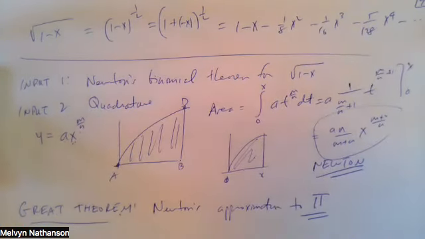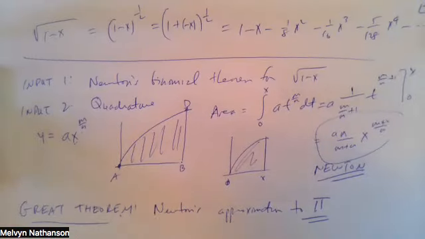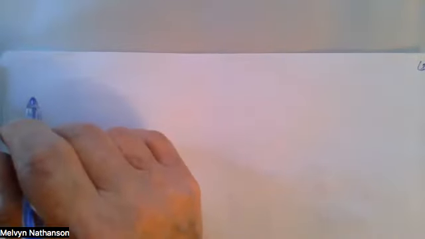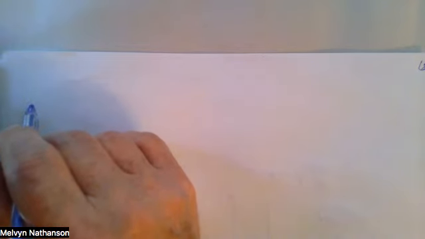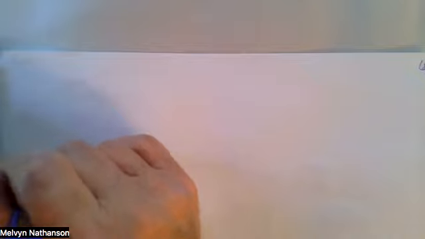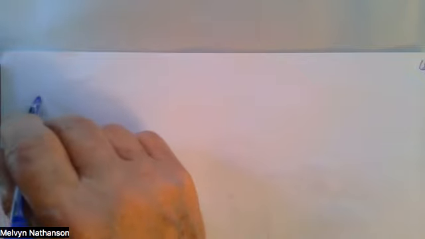And as you know, what you must know, this is the minimum, is how to prove the great theorems in all the chapters. So the great theorem in the chapter on Newton is his approximation to pi. And so let's see what he does.